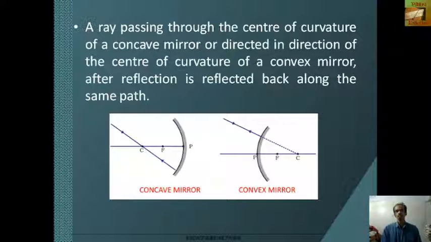In case of plane mirrors, a light which is incident on it directly gets reflected back through the same path. Similarly, in this case also, when a ray of light is incident on the concave or the convex mirror through the center of curvature of the mirror, then it gets reflected back through the same path.